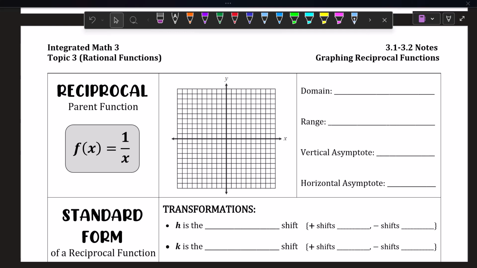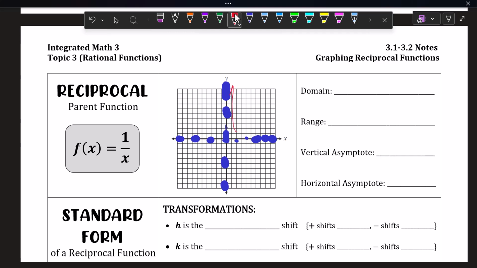Okay, let's take a look at 3.1 to 3 notes, graphing reciprocal functions. So the reciprocal function 1 over x has asymptotes, which are basically lines that we cannot cross, kind of like force fields.